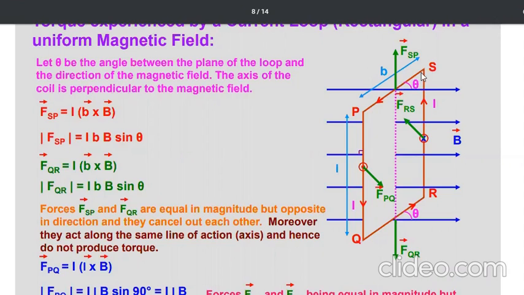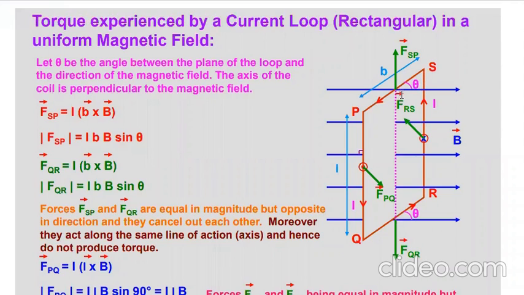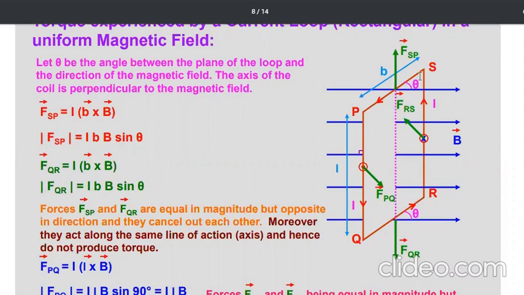If you apply Fleming's left hand rule on this conductor, you will see that the force on this conductor will be in this direction. That is, put your middle finger along the length of S to P and forefinger along this one, then your thumb will point in this direction, giving the force on SP.